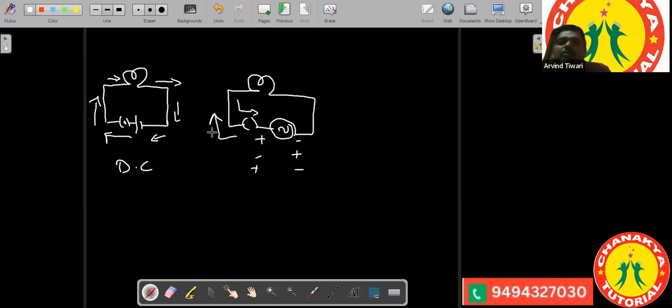There is no positive and negative in the AC circuit. So I hope this point is clear that in the AC circuit, the direction keeps on changing, but in the DC circuit, the direction remains the same.